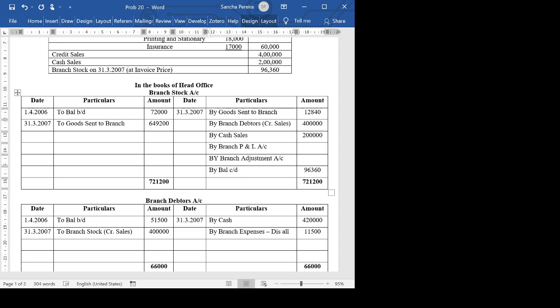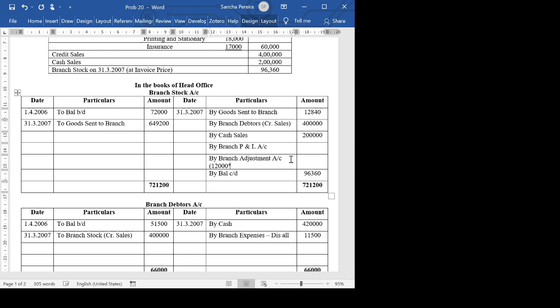In the adjustment account, we are going to take 12,000 into 1 by 5, which comes to 2,400. So that basically means the cost is 9,600.